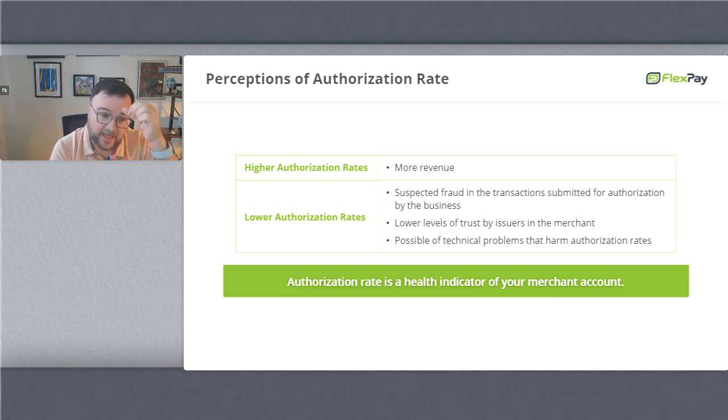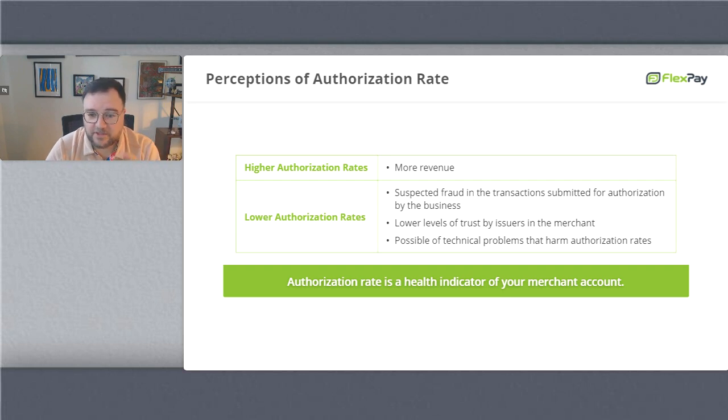And the expectation is that a lower authorization rate will usually imply that there's some kind of suspected fraud going on, that there's a lower level of trust by the issuers, that there's possibly some technical problems that are affecting your authorization rate. And overall, the assumption is that an authorization rate is a health indicator showing the validity and the health of your merchant account.